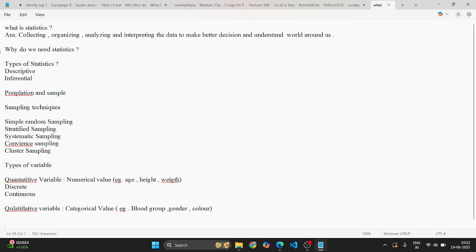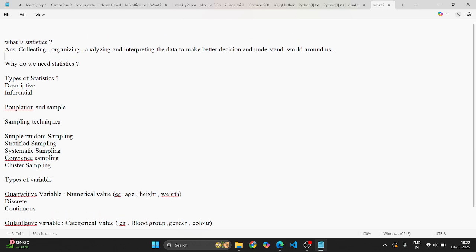In our first session, Session 1, we discussed what statistics is. Statistics is nothing but the collection, organization, analyzing, and interpreting of data. For what purpose do we do these things?